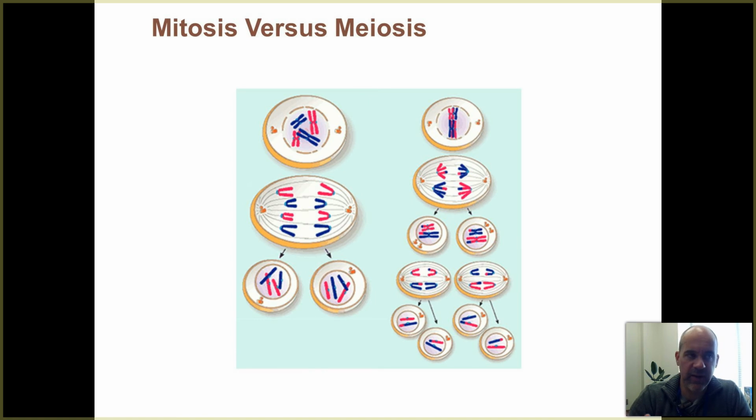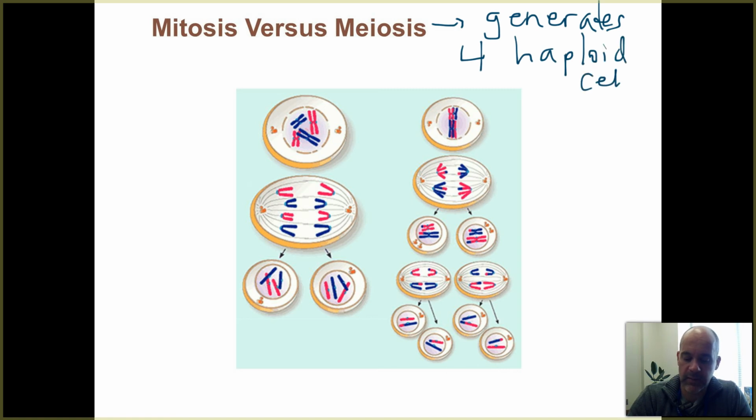Okay, now meiosis is very different. Remember, in meiosis, we're going to generate 4 haploid cells. So instead of having 2 copies of each chromosome, we're just going to have 1. And this happens in 2 phases.